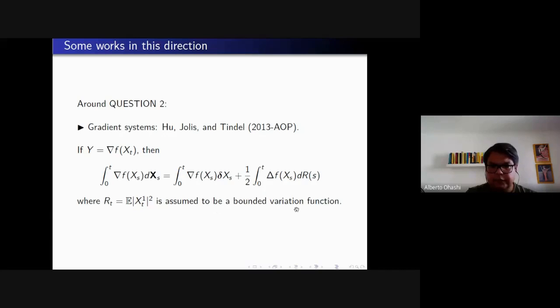For instance, fractional Brownian motion does not satisfy this condition, but this is the first paper addressing this question. So you see there is a correction term here, which comes from the fact that X is Gaussian and the rough path integral is not equal to Skorohod, but you can compute the correction term here.